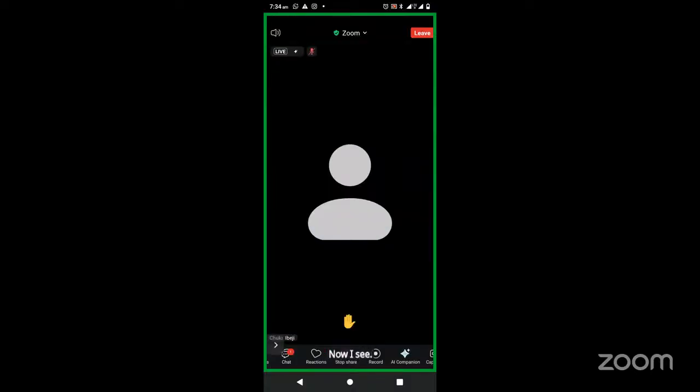Can you see my screen? Yes, sir. But now you have stopped. You do not tap on X. When you tap on X, you stop sharing. Can you see? Not yet.